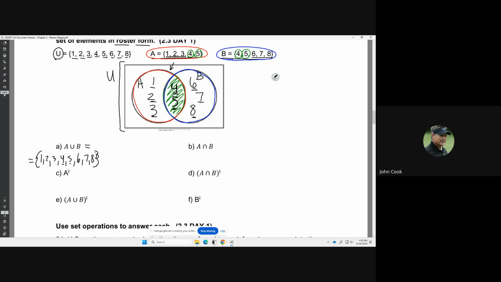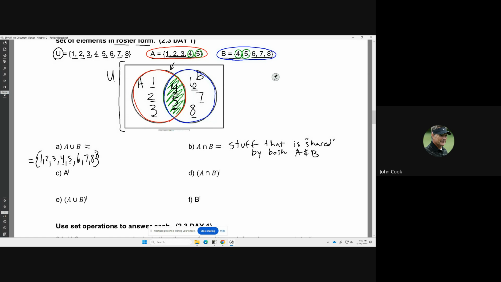Letter B says A, and then this little symbol here, which means intersection, B. So A intersection B means it's the stuff that is shared or in common by both A and B. So what stuff do they both have?